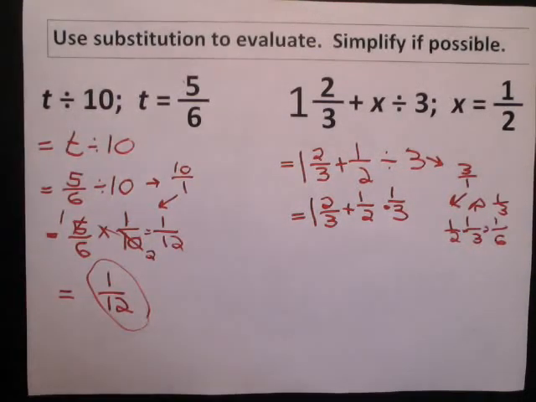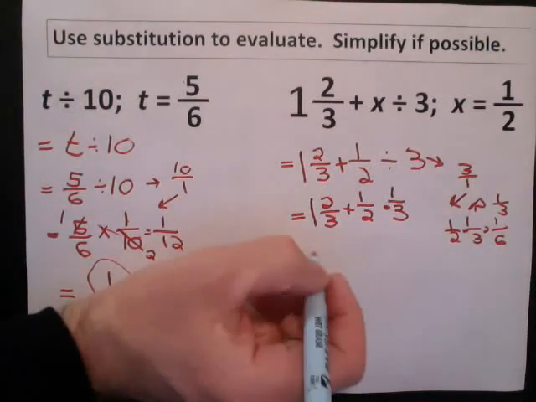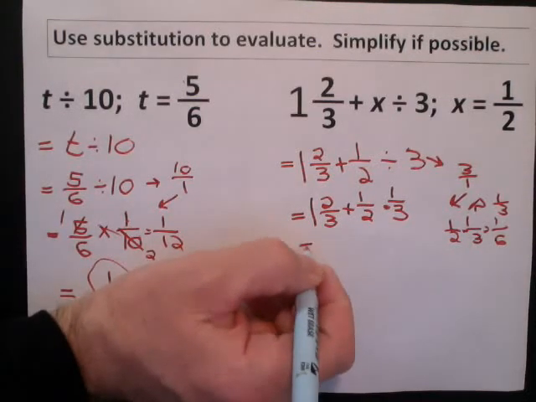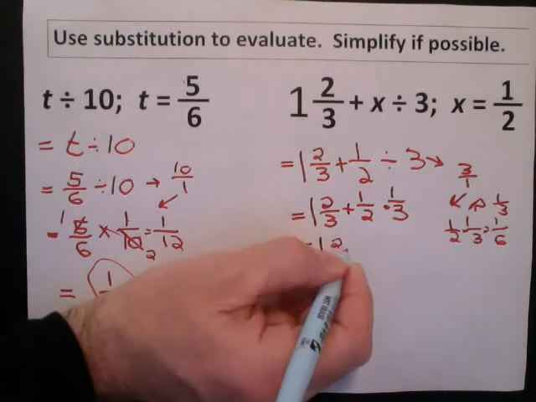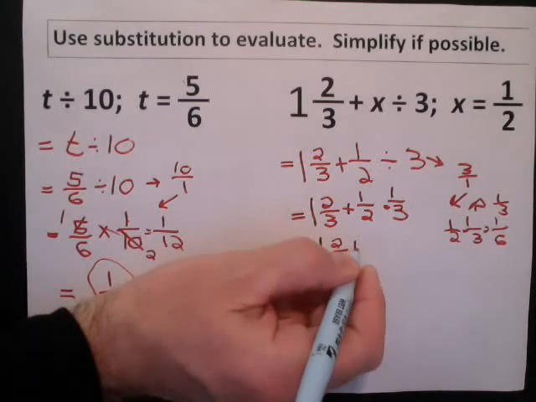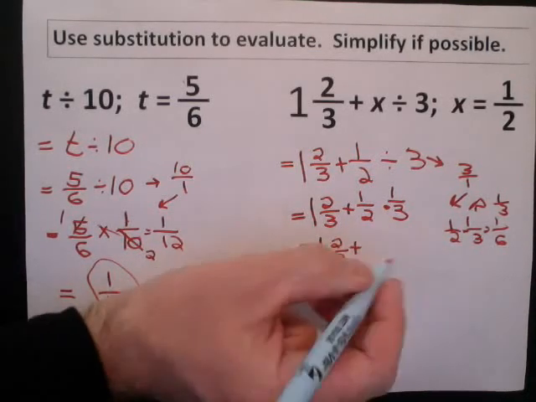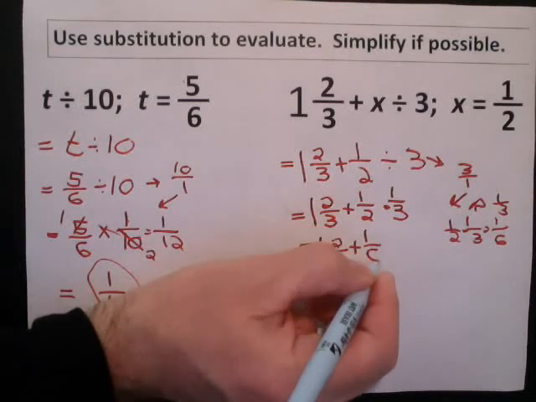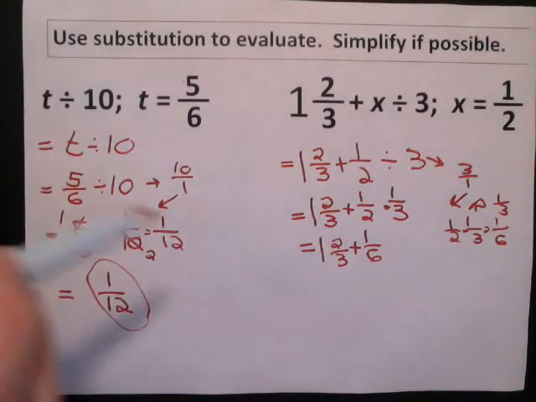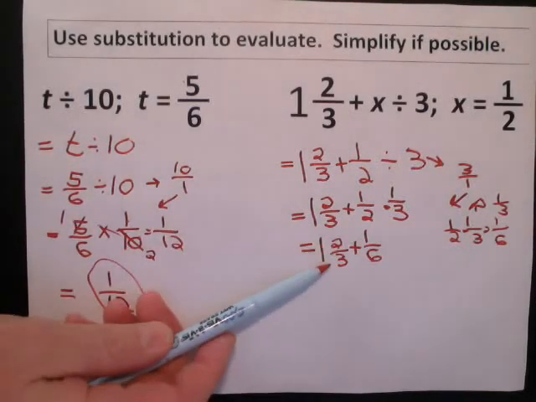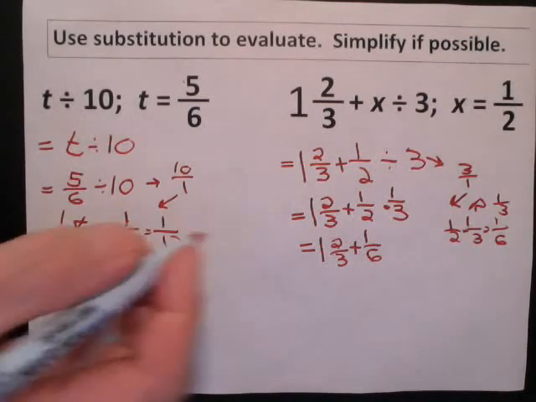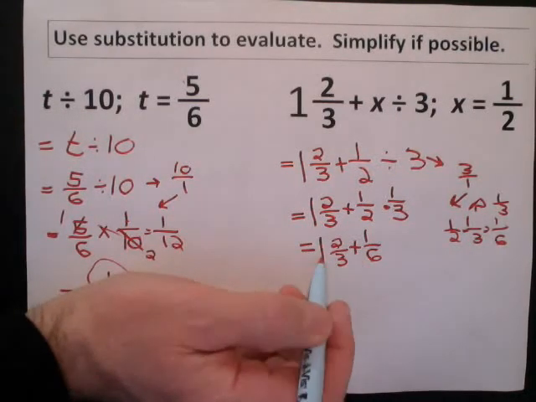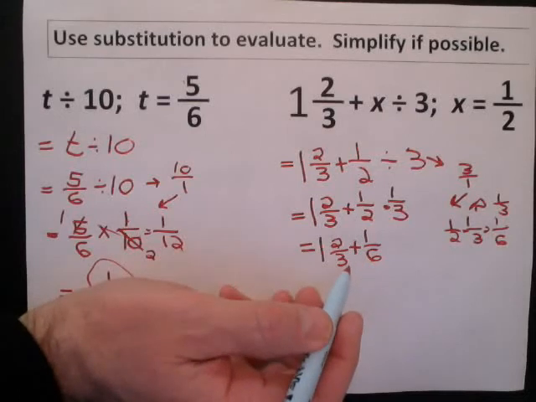So now we have our next layer underneath there, which is going to be 1 2/3 plus 1/6. Now, this might be a little complicated. You might need to brush up on your adding of fractions, but remember, in order to add mixed numbers and fractions, you need a common denominator.